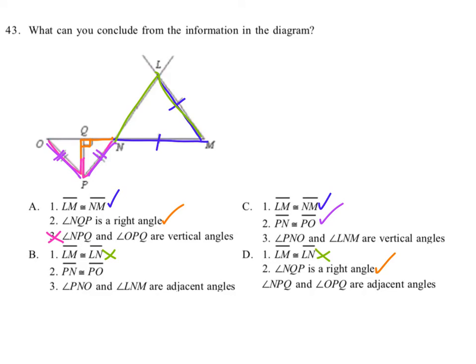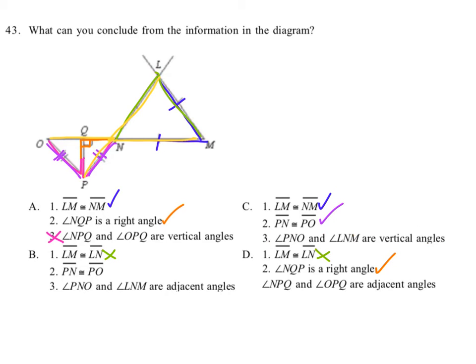Let me change the color here to yellow. Oh, I'm sorry, I'm reading the wrong one. Number 3, angle PNO, this angle right here, and angle LNM, this angle right here, are vertical angles.